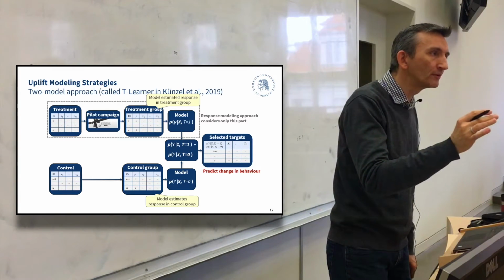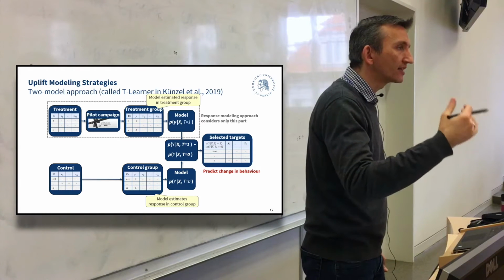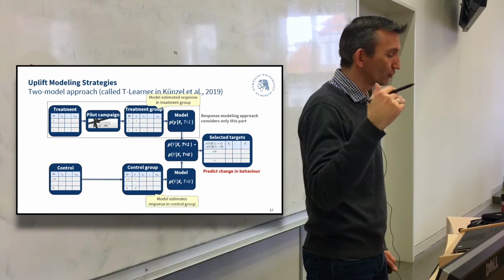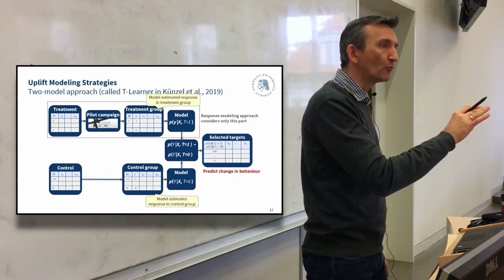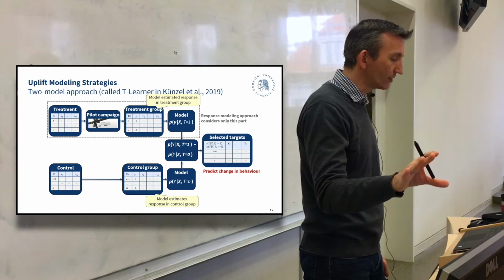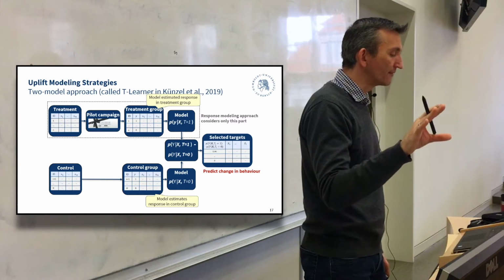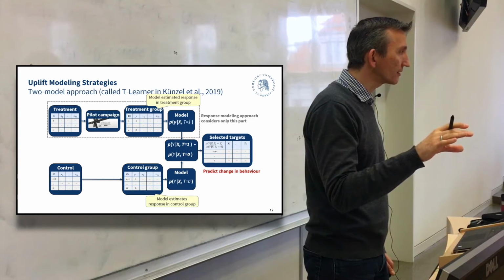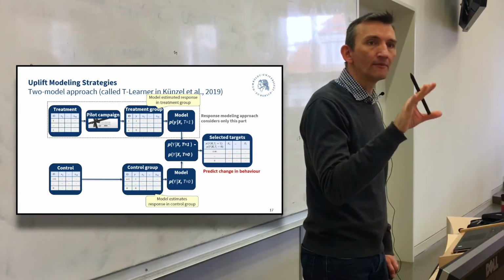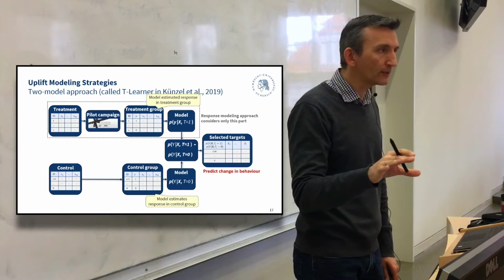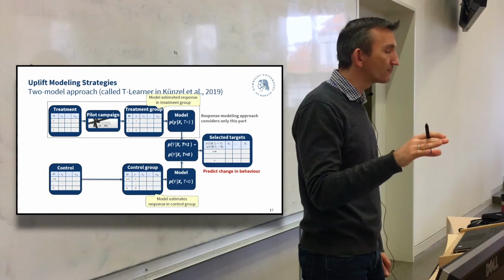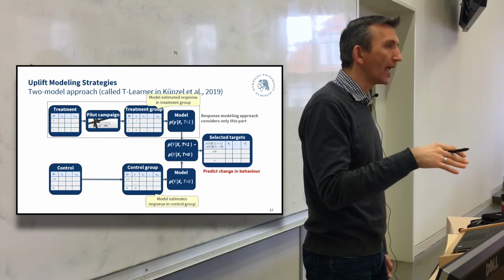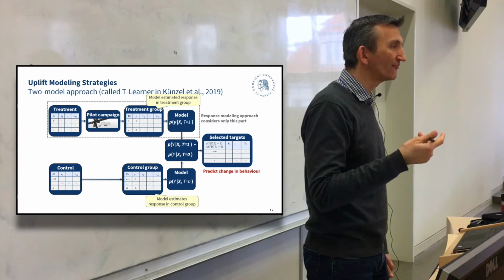Everybody in the treatment group was treated using some marketing measure. We know who responded in this group. We have a control group where there was no treatment whatsoever. We also know who responded in the control group. This allows us to build two vanilla supervised machine learning models that predict conditional probabilities of a purchase, P of y given x.